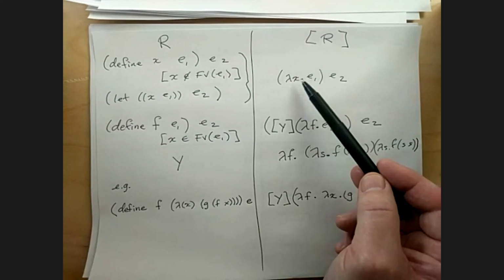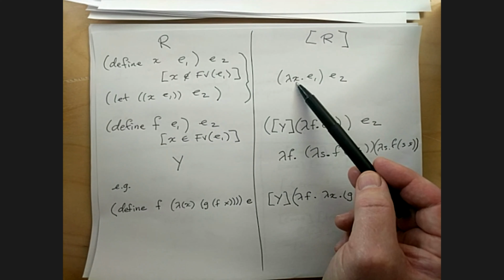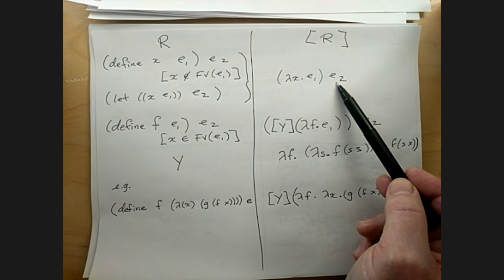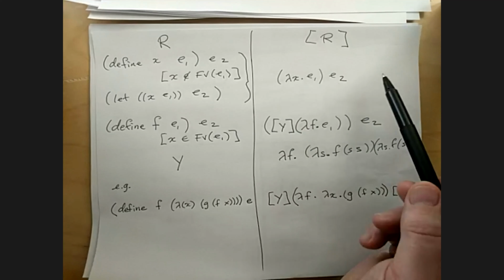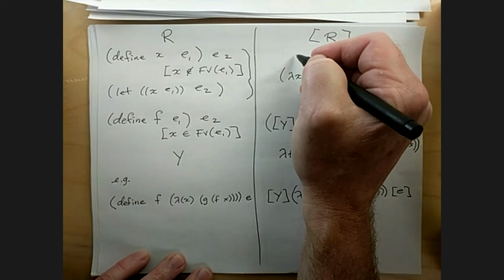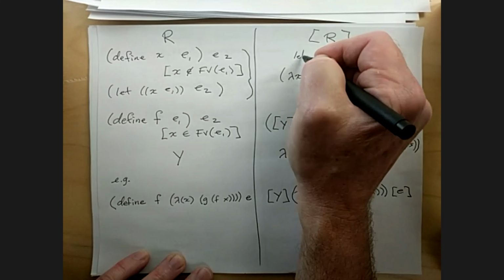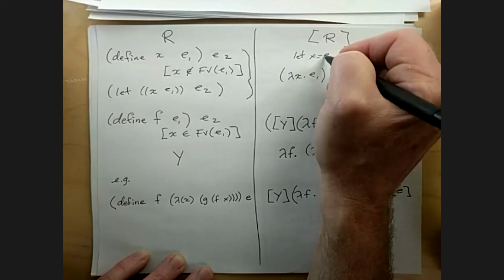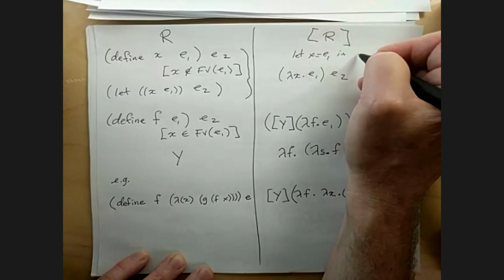You take E1, you parameterize it by X using a lambda, and then you apply that to E2. And in mathematical notation, this can be read as let X equals E1 in some expression.